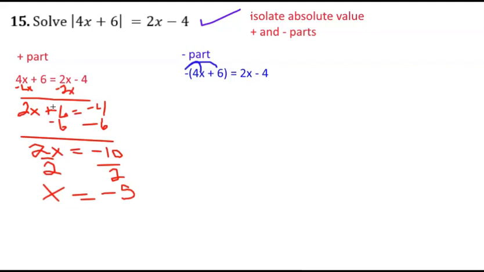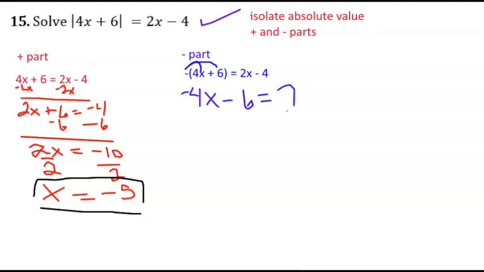So we'll solve for the positive part for x. Subtract 2x from both sides. Subtract 6, divide by 2, you get x equals -5. And then we'll do the negative part. Distribute the negative into each term. And then subtract 2x.